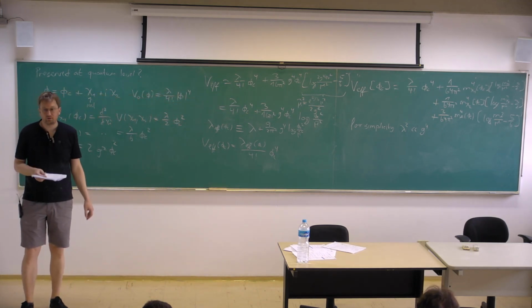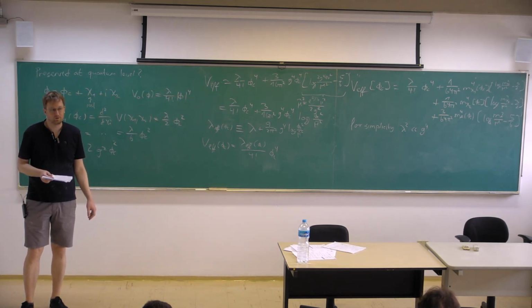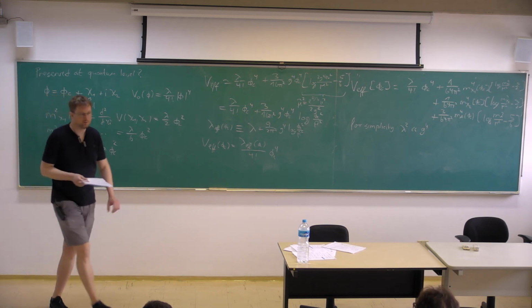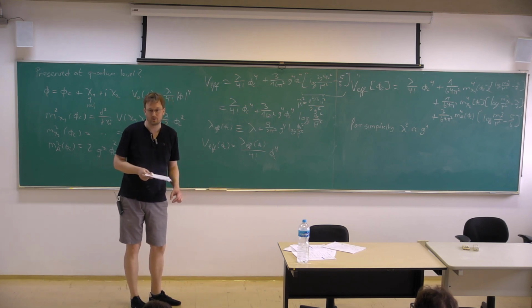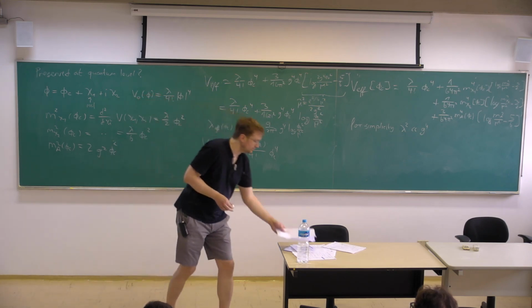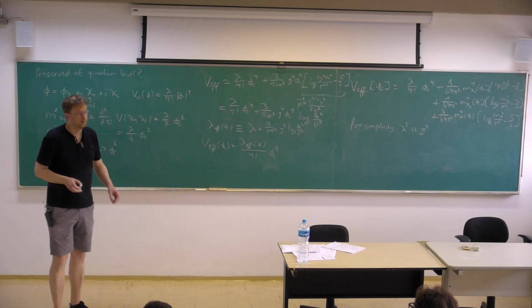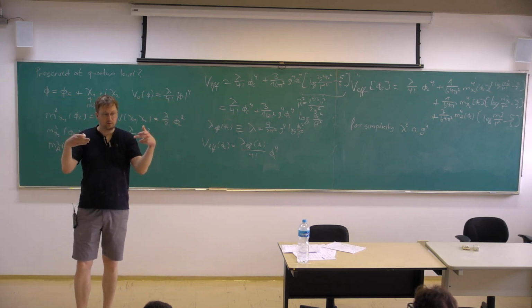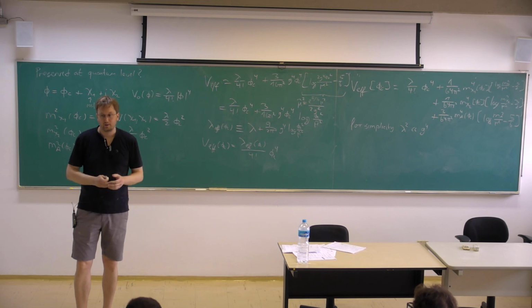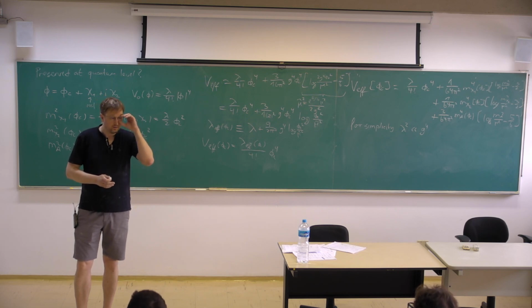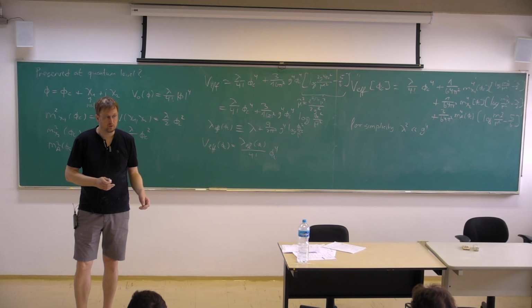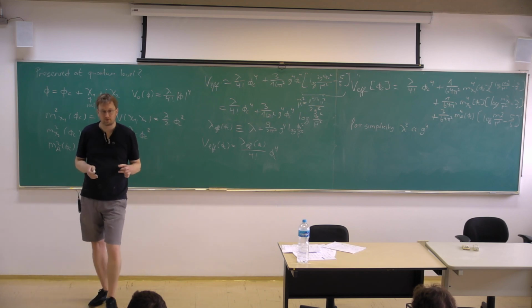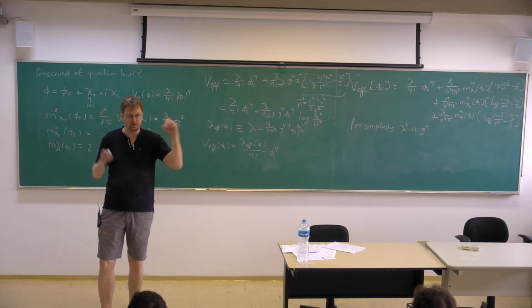And those of you who have seen running gauge couplings, or running couplings, before, this is exactly the same phenomenon. In a particle physics experiment, if I have a scattering process, the best point to evaluate the couplings that enter the scattering process is the energy scale of the scattering process.